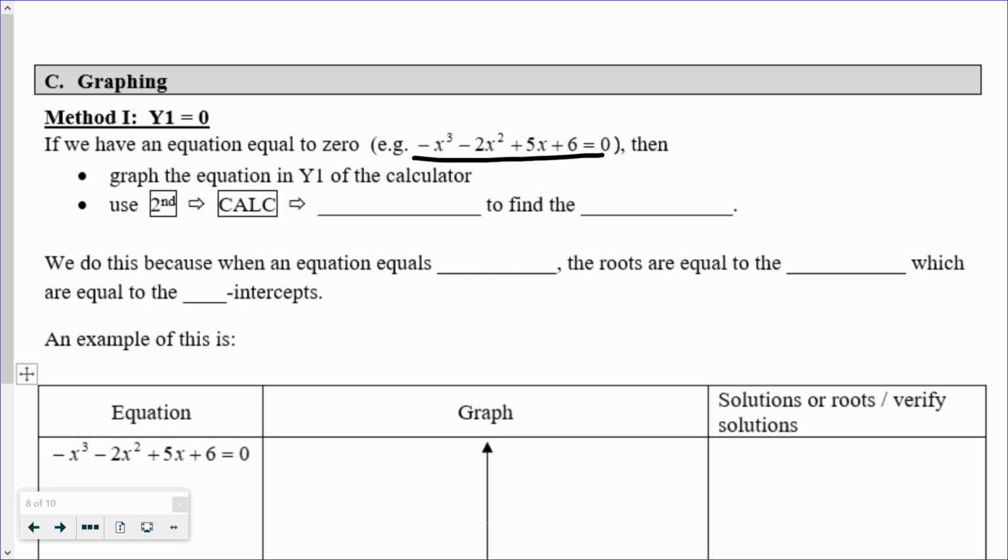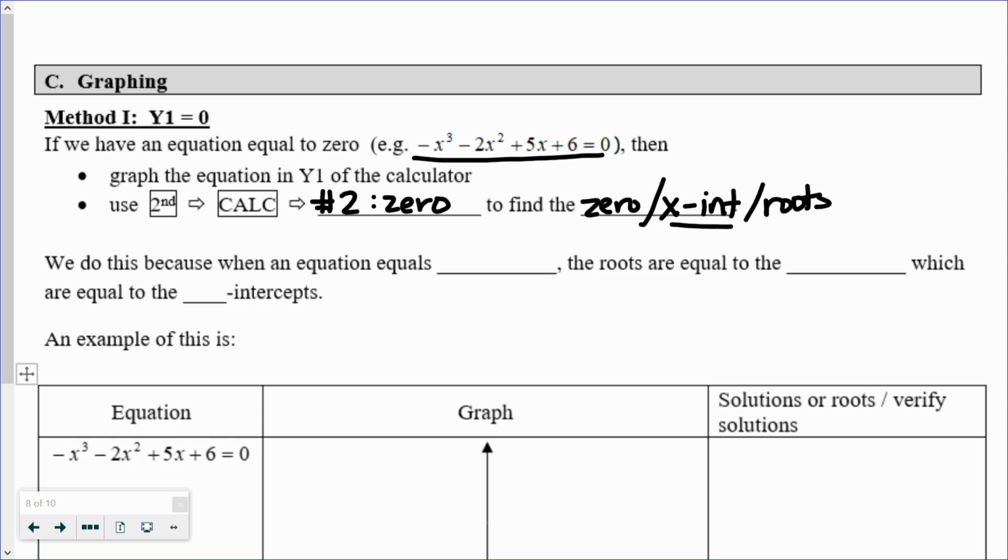On the TI, you press second, calculate, and number 2 says zeros of the equation, to find the zeros or x-intercepts. Actually, on the Casio, now that I'm thinking of it, it might be called x-intercepts or it might be called roots. I don't remember. It's one of those two things, but that green sheet has the instructions for how to find your x-intercepts.